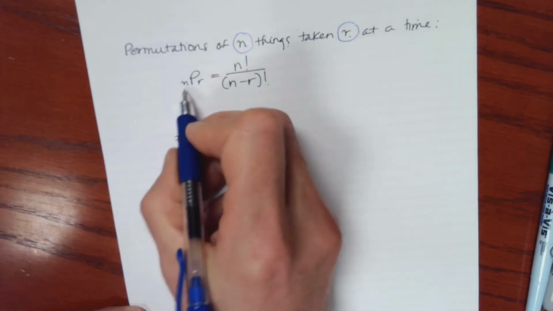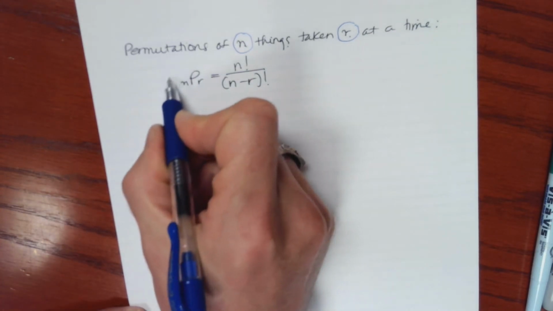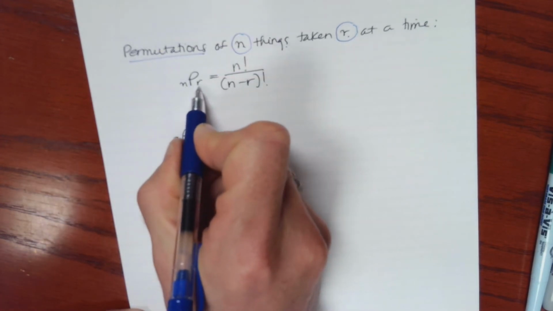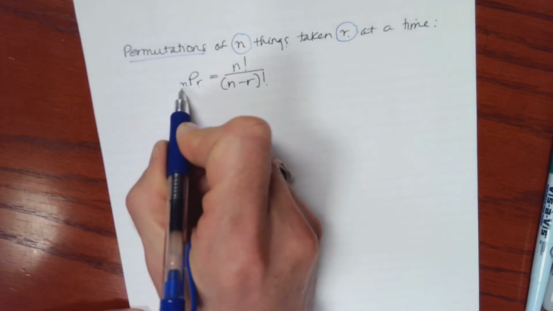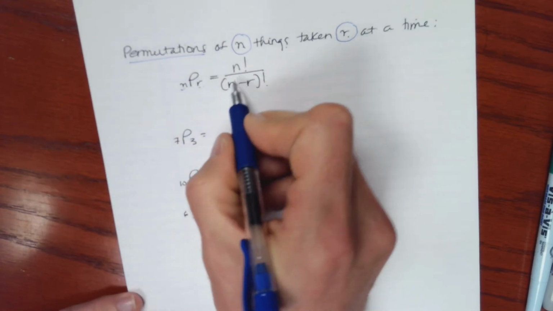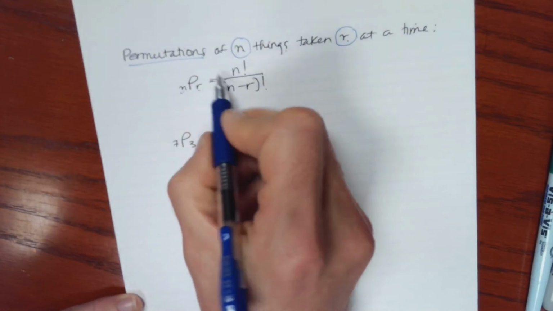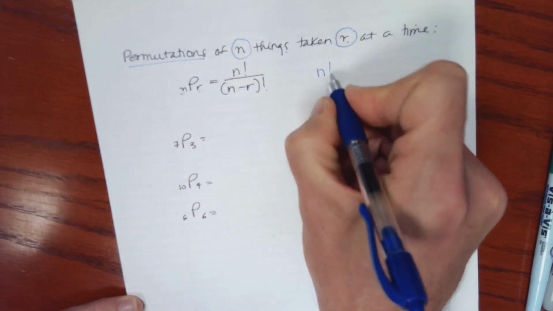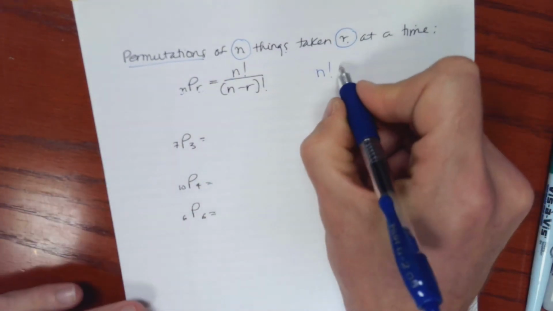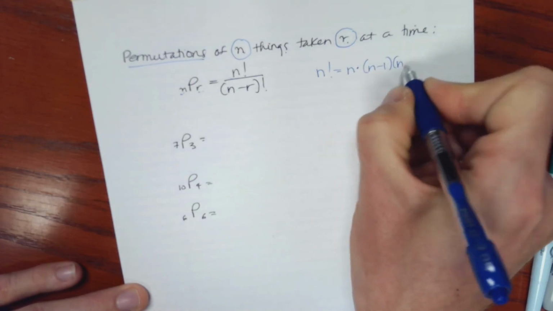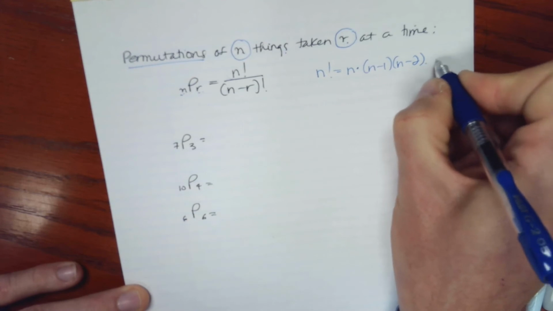So the way that we calculate this, first of all, let's look at the notation. We use a capital P for permutations and subscripts for n and r. The n precedes the P, the r follows, and to calculate this, we use a factorial. So when we have n factorial, that's the same thing as n times n minus 1 times n minus 2, all the way down to 1.